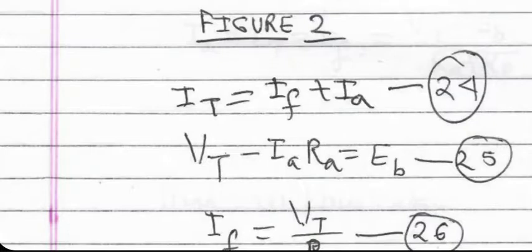And if Eb is 0, then the value of Ia, at least in the beginning when Eb is 0, will be simply Vt divided by Ra. And Ra is very small, 0.5 ohm, etc. And terminal voltage will generally be 100 volt, 200 volt, etc. So large amount of Ia would flow in the beginning. That may damage the motor for sure.